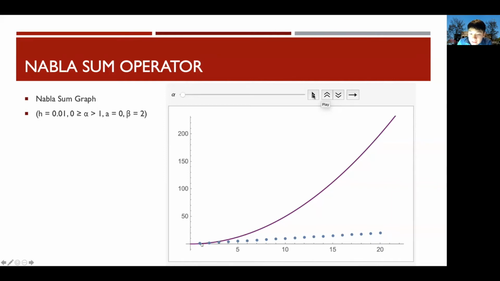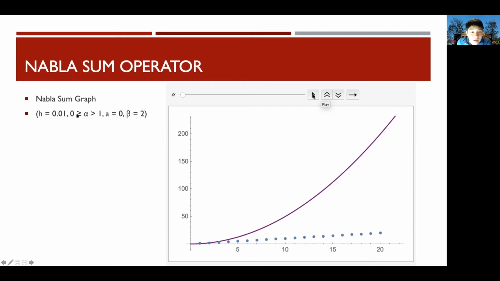As you'll see down here, the blue dots, we've graphed one per unit here. The blue dots represent the nabla sum operator performed on the function y equals t. And this purple continuous time graph represents the integral operator performed on y equals t. Obviously, with respect to t, that is t squared over 2. So purple is an exact graph of t squared over 2, and these blue dots down here are the discrete one that is supposed to correspond with this purple.